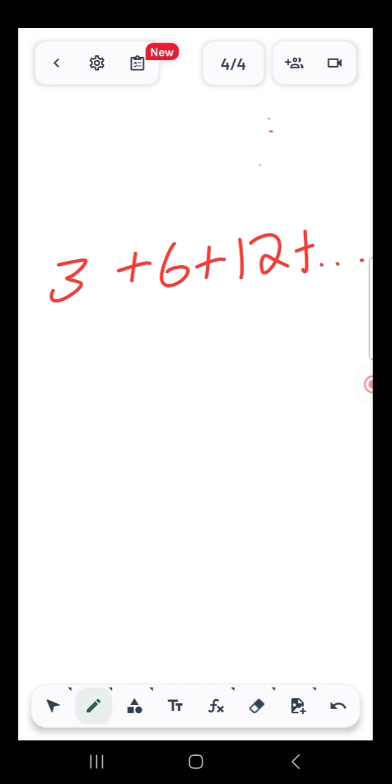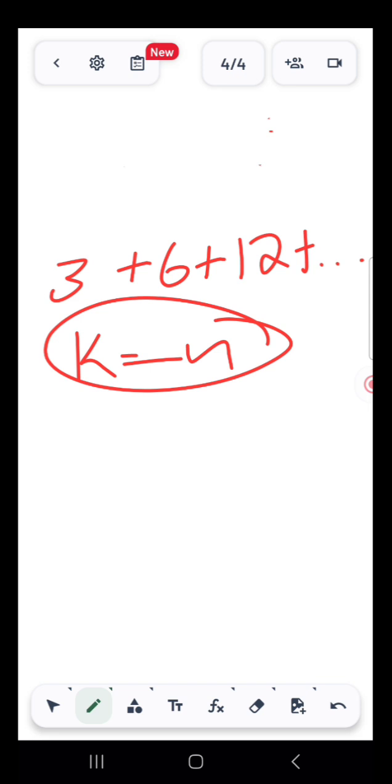K represents n, because every time you are looking for a number of terms, you are looking for n. So they gave us what the sum equals: 98,301. Now when you look at our sequence, if you minus t1 from t2, it gives you 3. If you minus t2 from t3, it gives you 6. So it's not an arithmetic sequence. But if you divide, it gives you 2 and 2, meaning it's a geometric sequence.